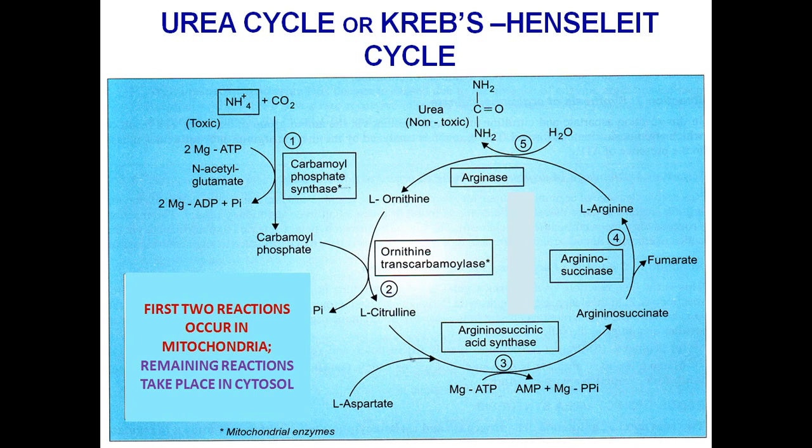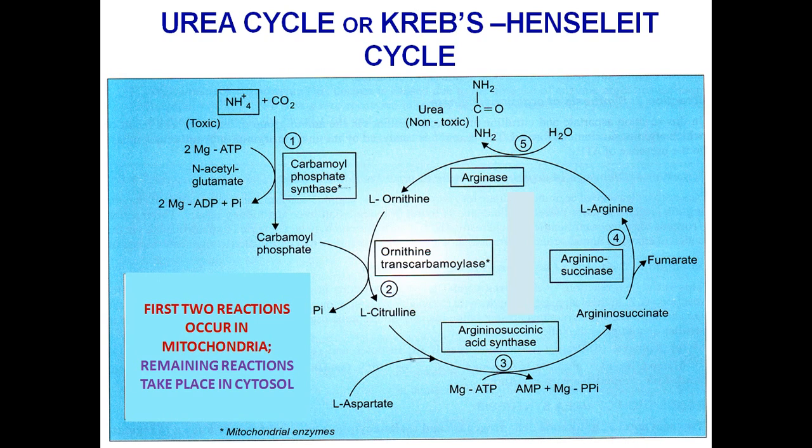So ATP is converted to AMP, not ADP. Here the phosphate is released as pyrophosphate, not inorganic phosphate, and the resulting compound is argininosuccinate.